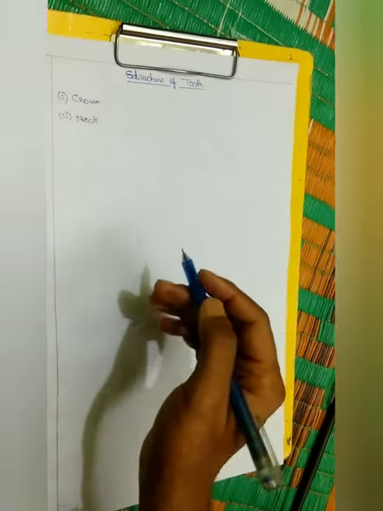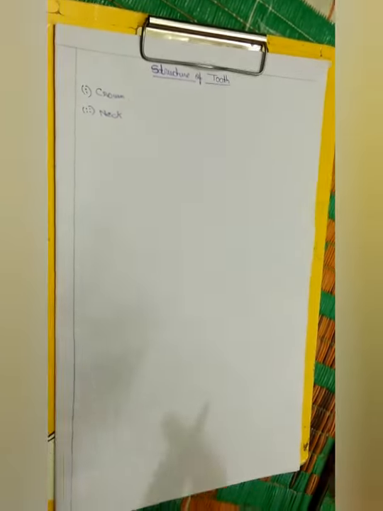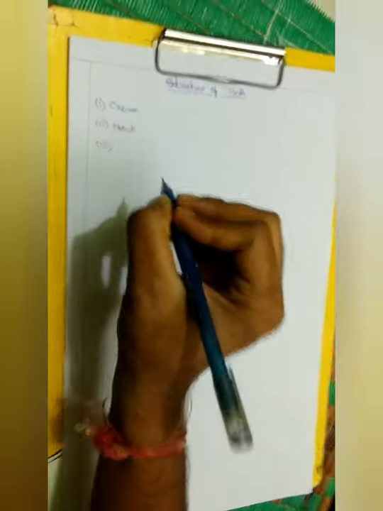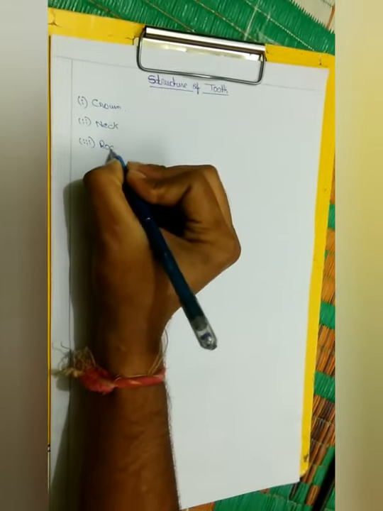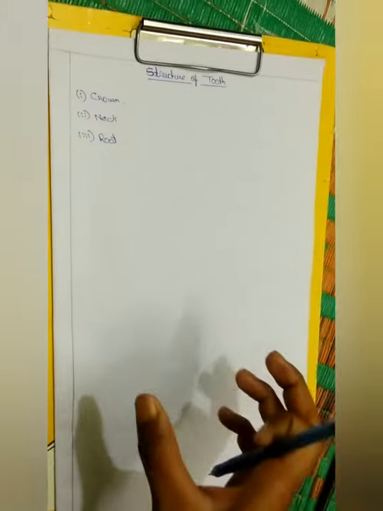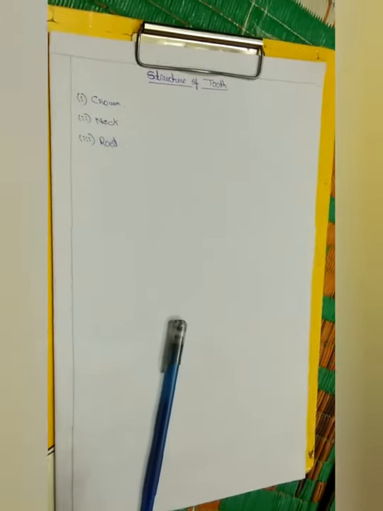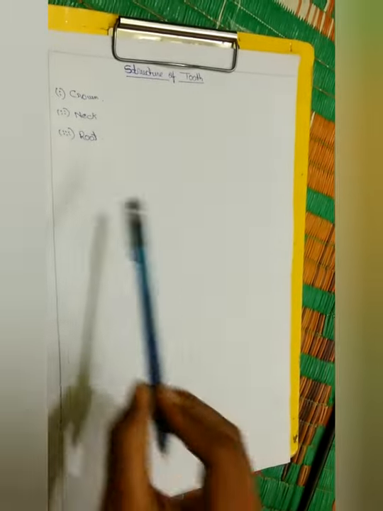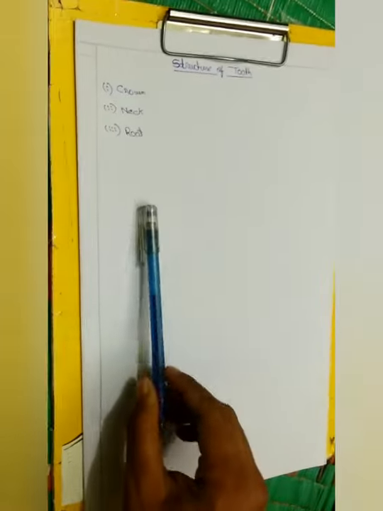The part which is underneath in the gum is called the neck part, and the third one is the root part. The part which is embedded in the bone, the alveolar bone, and fixed in the bone, is called the root of the tooth.